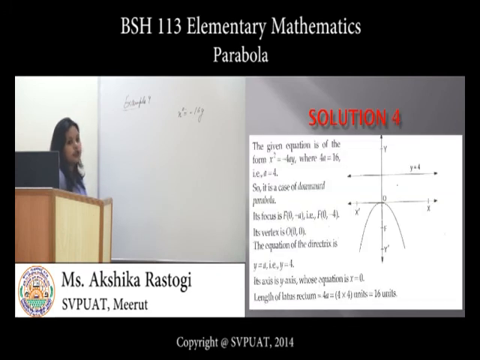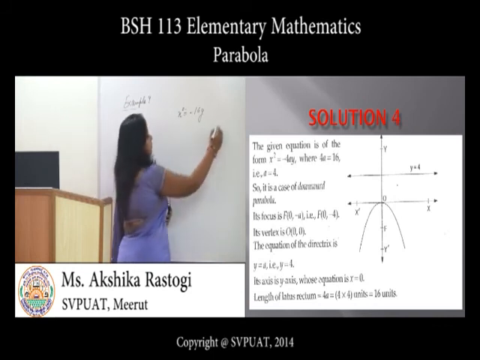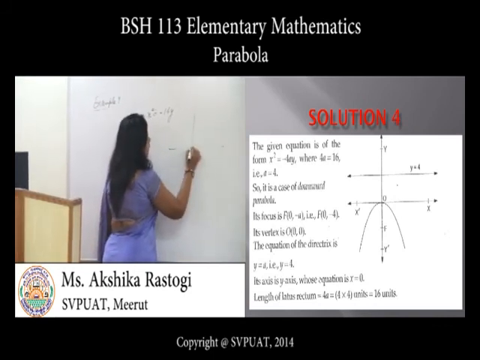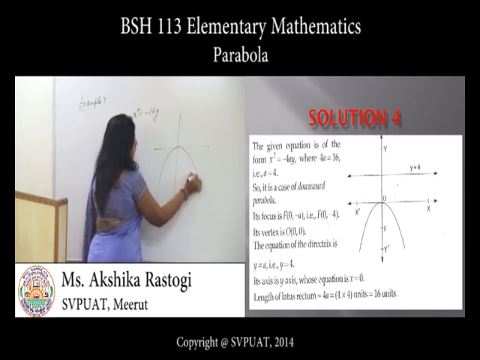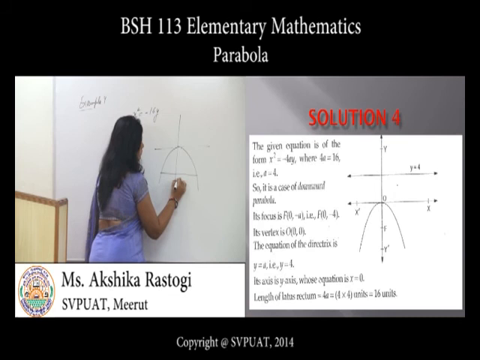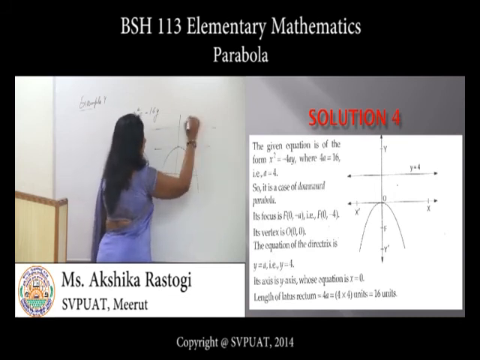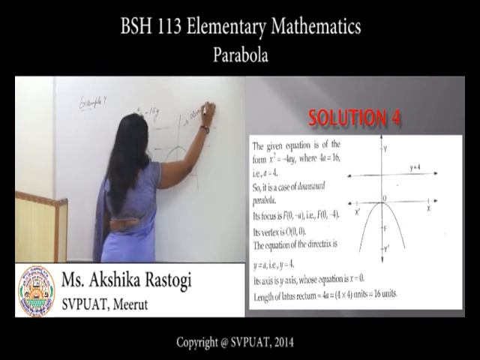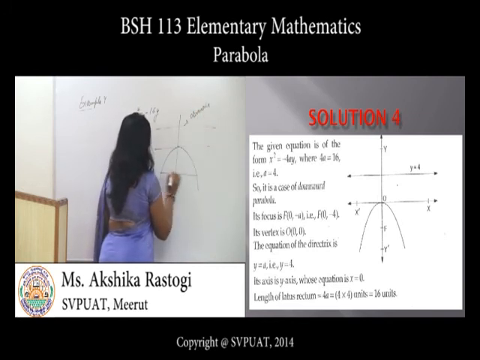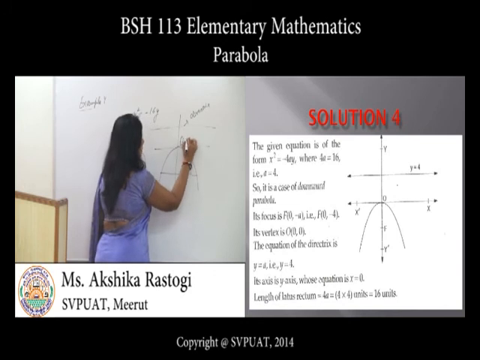What does it show? It shows that the direction is downward. We have a parabola like this. The latus rectum, focus, and directrix will be on this side. This is the vertex.